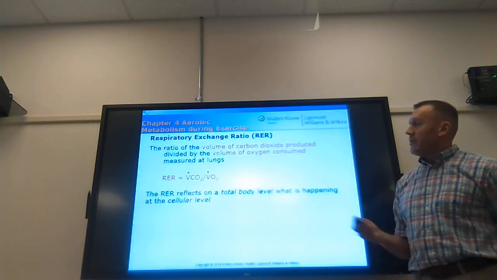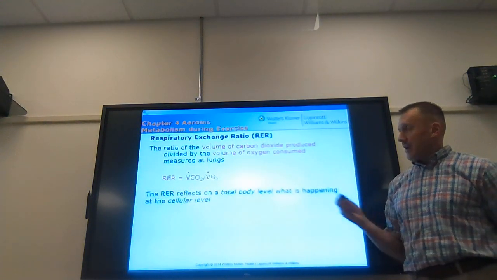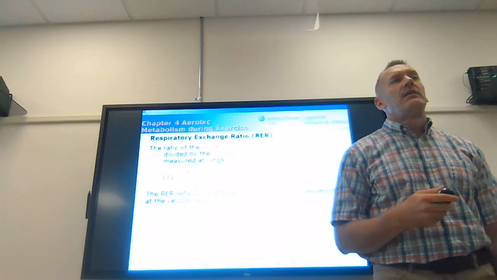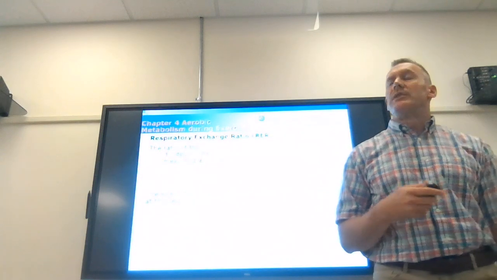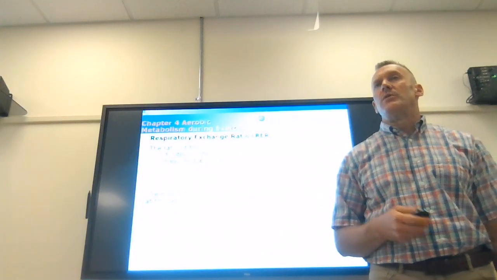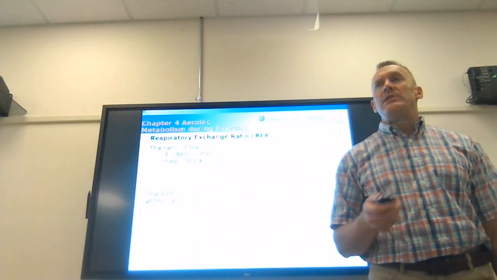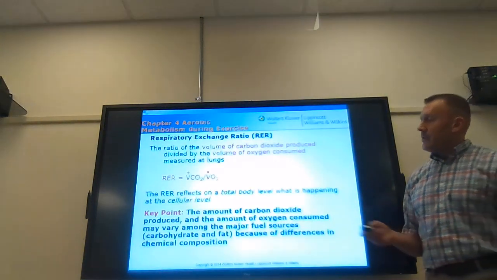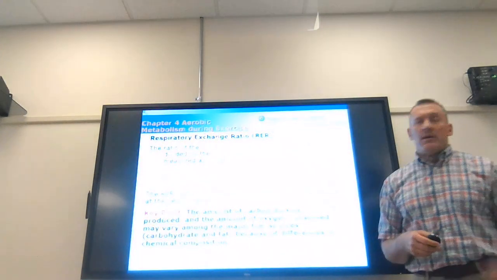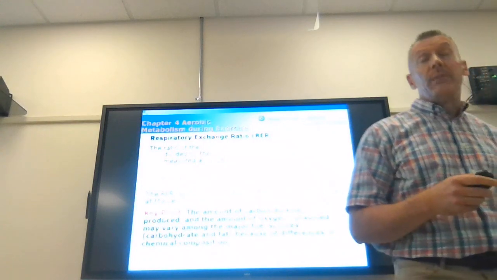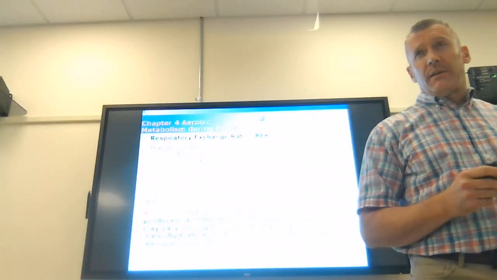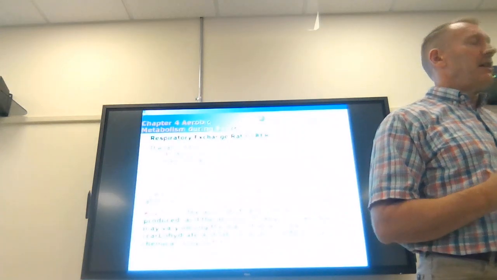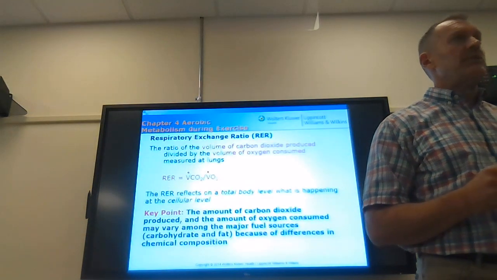So at a total body level, what is happening at the cellular level? What's happening in the muscles in terms of how much oxygen we're consuming and how much CO2 we're producing, and we're measuring it at the lungs. So a key point: how are we able to tell how many carbs and what percentage of fats we're using?